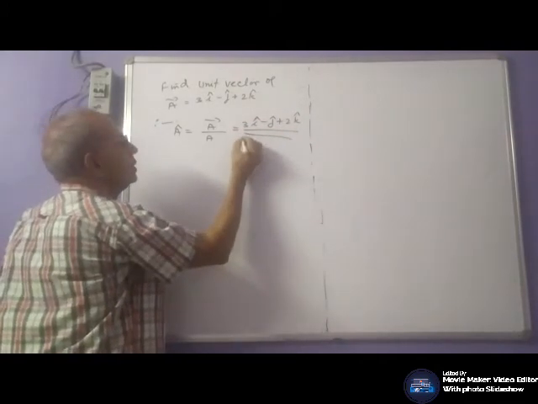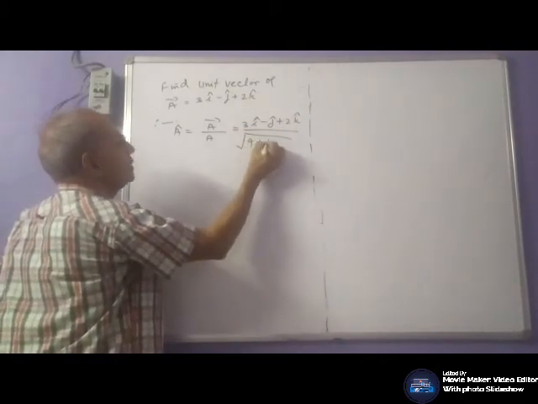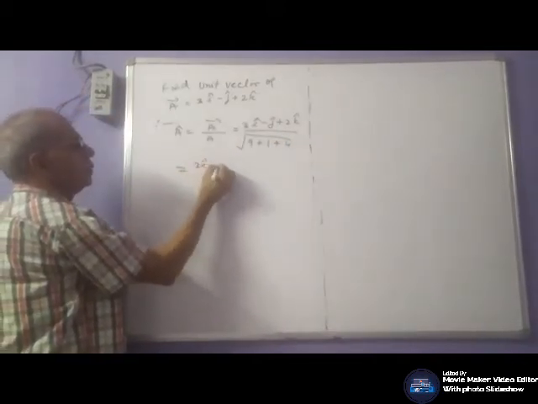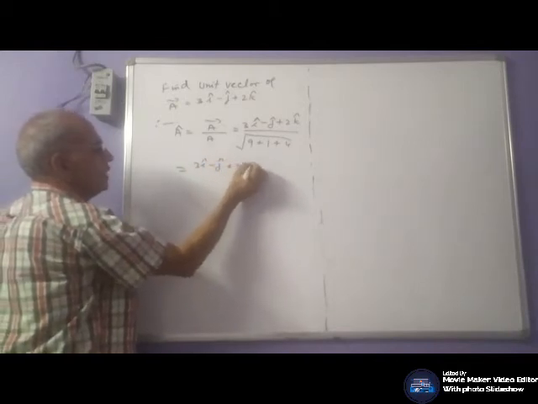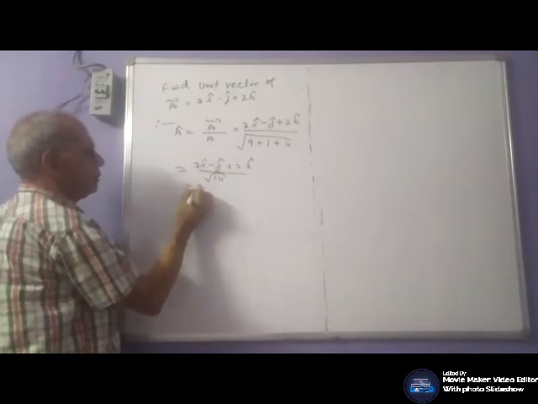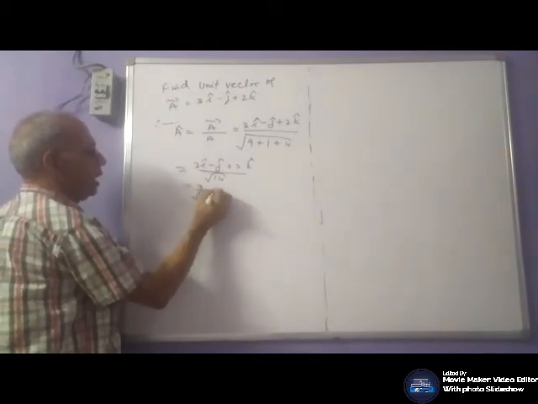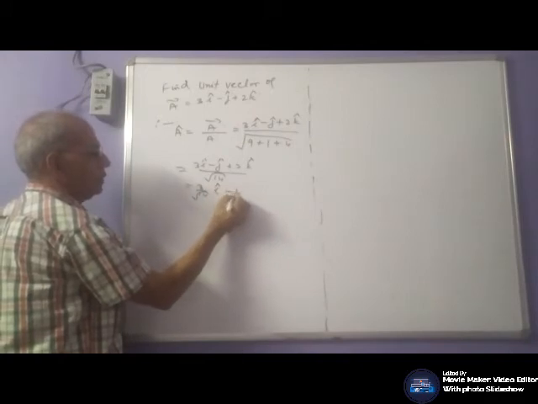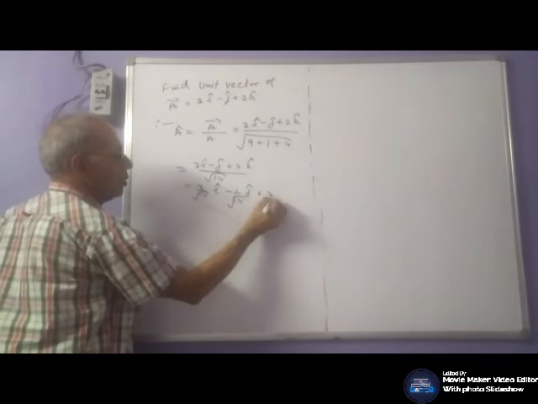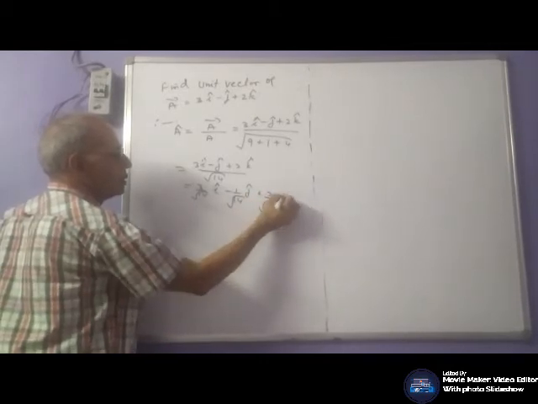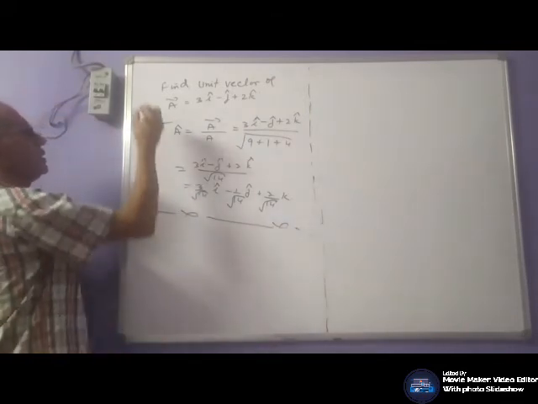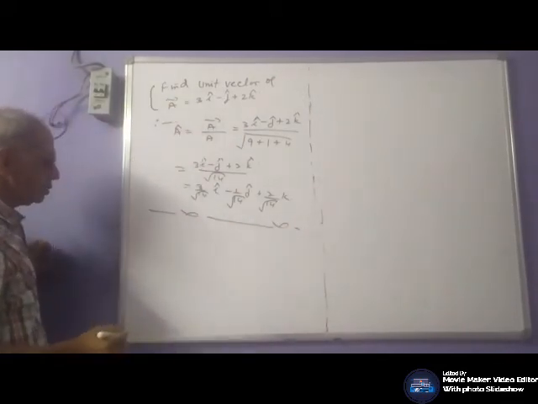The magnitude is root of 9 plus 1 plus 4, which is root 14. So the unit vector is 3 by root 14 i, minus 1 by root 14 j, plus 2 by root 14 k. This is a question.